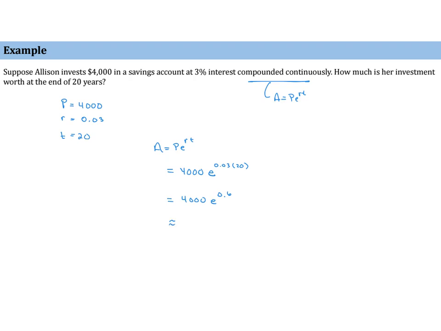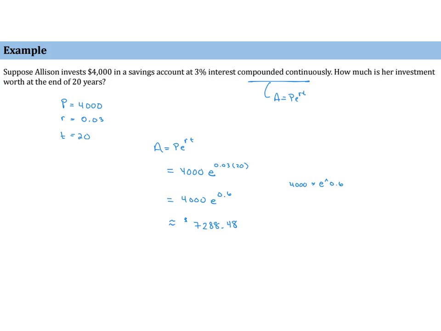So if we're going to type that into a calculator, we'll type 4,000 times e, which is the second ln, to the 0.6. And so she has $7,288, and if we round, 48 cents.